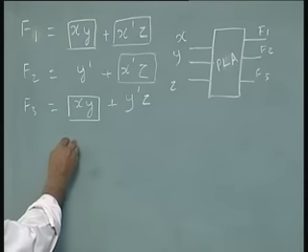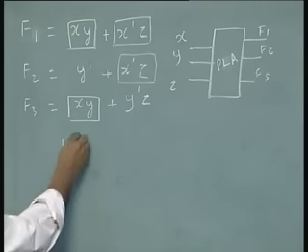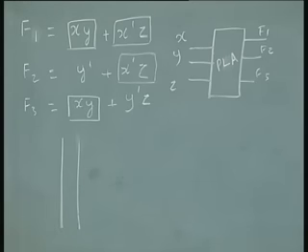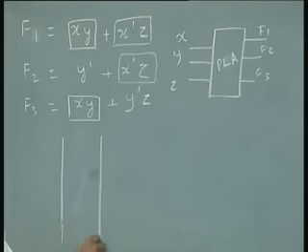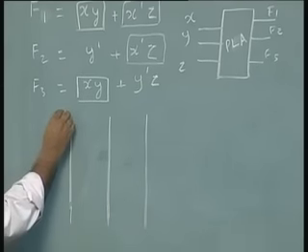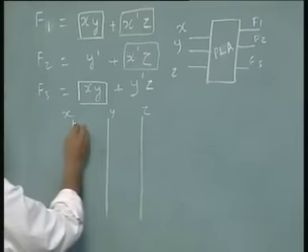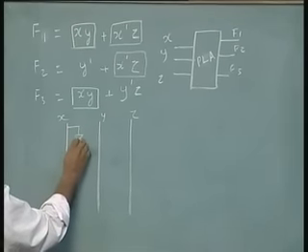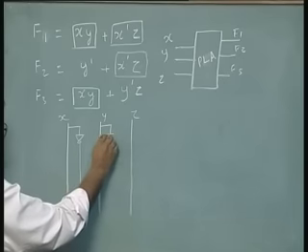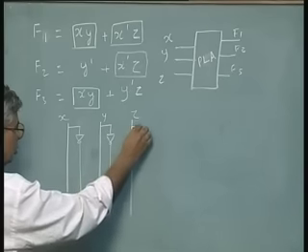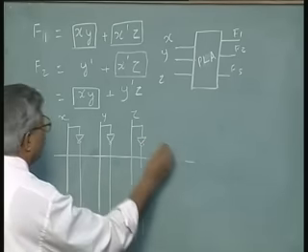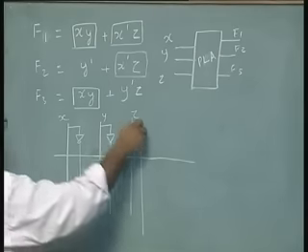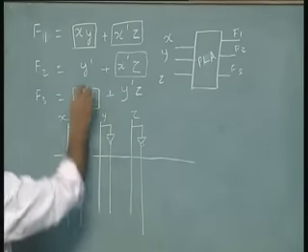That means I will have my x, y, z, this is how it is connected, x, y, z, x bar, y bar, these are all common inside. The PAL will have all this. So my first product term, P0, will be xy.